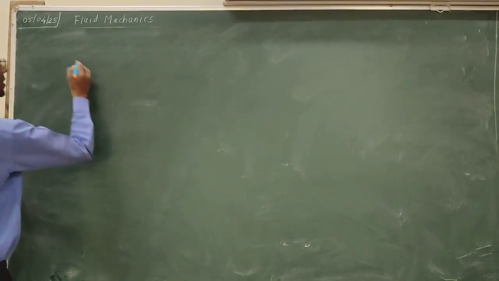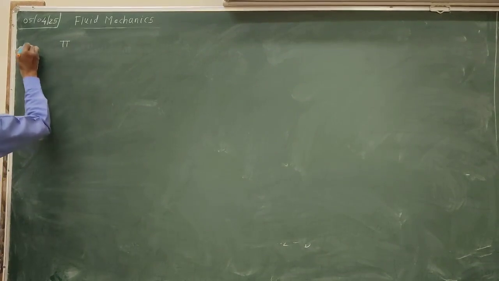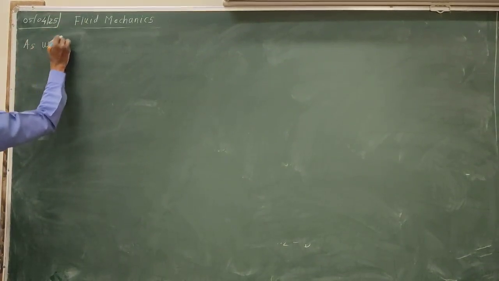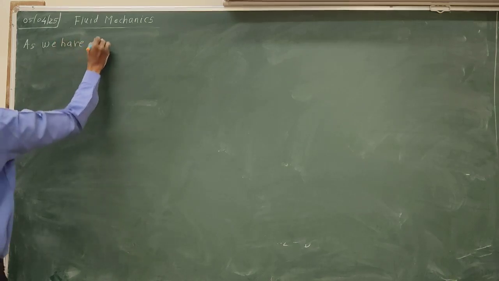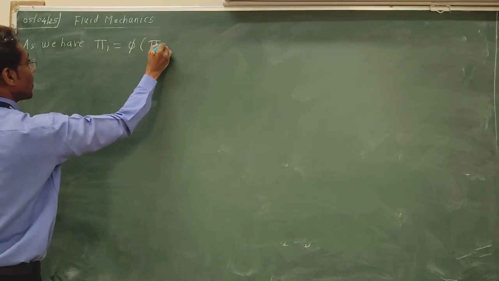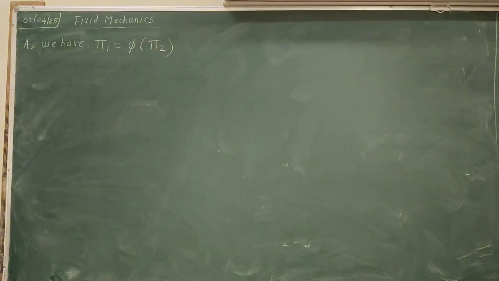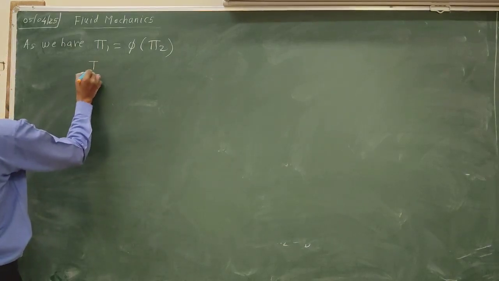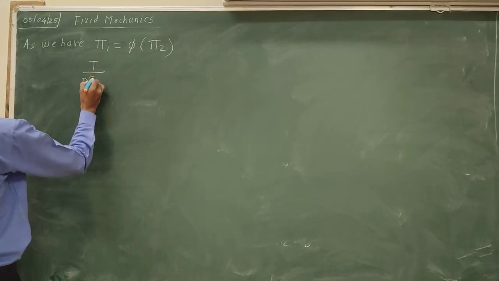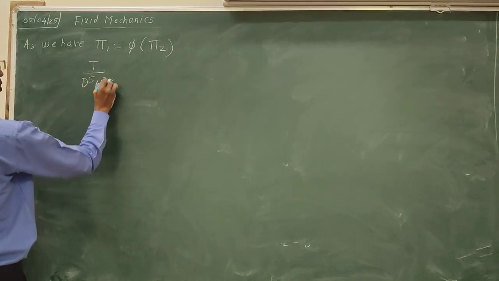Now we will write the pi 1 term. As we have already seen, pi 1 is a function of pi 2. The pi 1 term is a function of the pi 2 term. So write in this way: the pi 1 term we already obtained, that is T upon d raised to 5 n square rho.